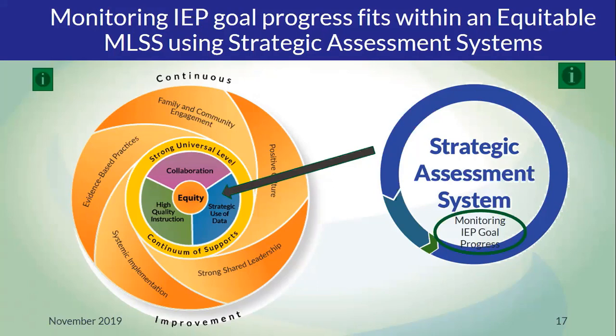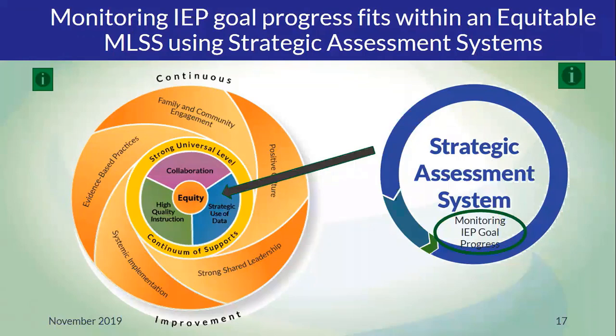In addition, you can consider our state's strategic assessment system. It's the word we use to think about all of the assessment in which an individual student is involved. Data within this system is already being used for general education student progress monitoring and other purposes in the district.